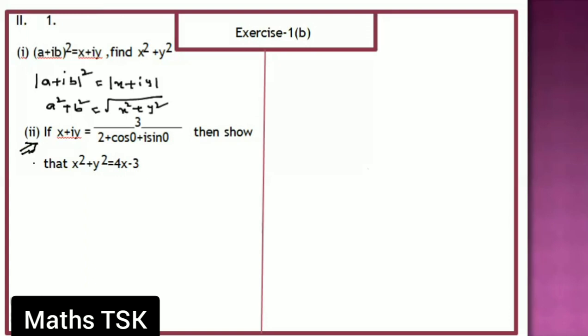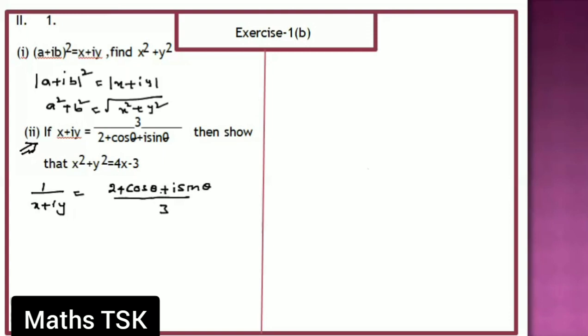This x plus iy is equal to this. I can write 1 by x plus iy as (2 plus cos theta plus i sin theta) by 3.